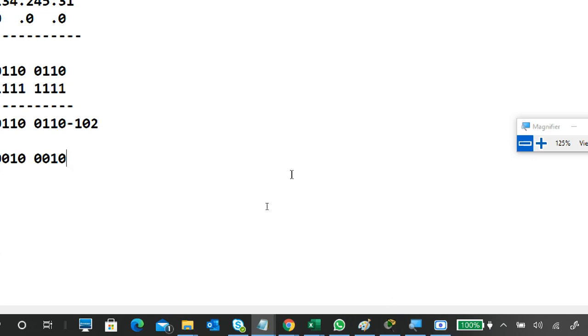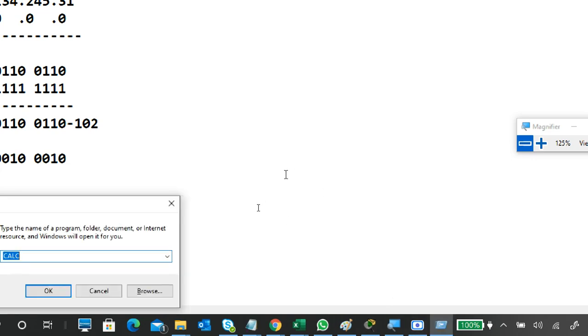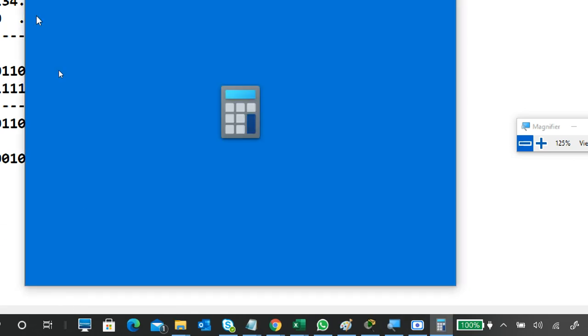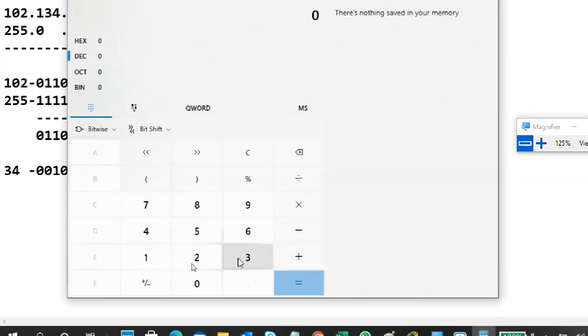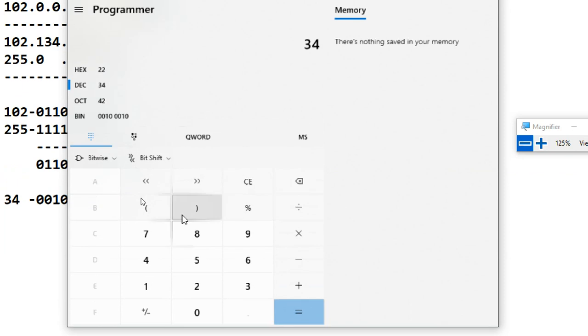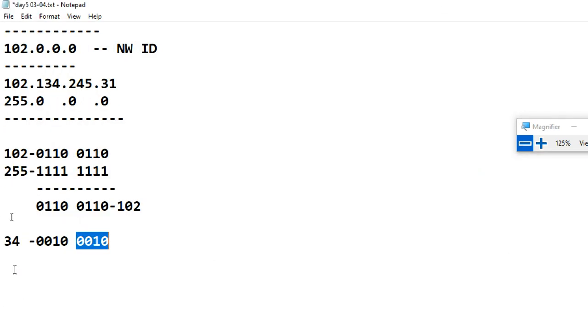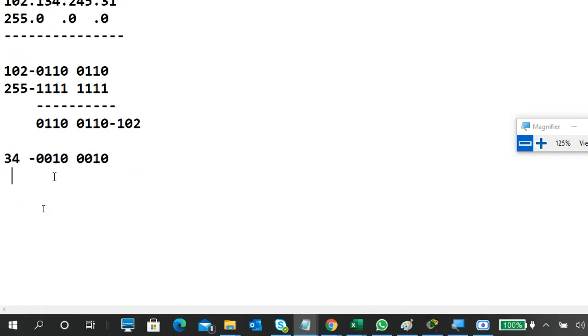Where is the calculator? Don't close the calculator now. 34, so this is the binary number, 00100010. Okay.